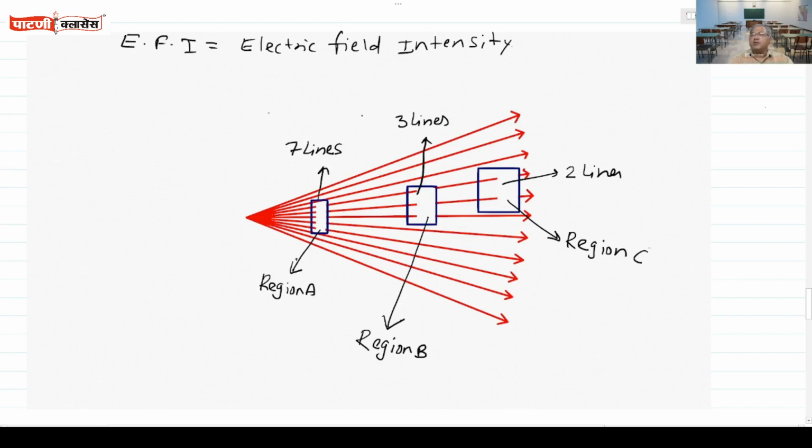What is the reason? The reason is that the electric field intensity in region A is more than in region B, which is more than in region C. Thus, electric field intensity decides the number of lines of force crossing a given region.